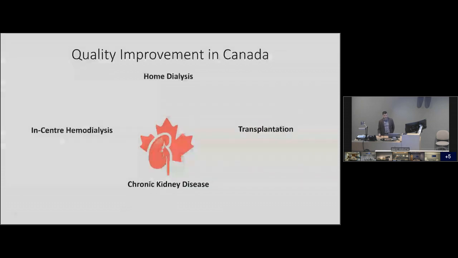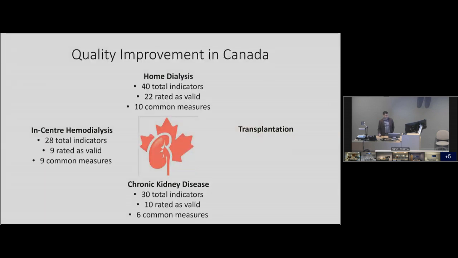So we looked at these indicators across the four different domains of nephrology. And we found a lot of measurement going on. So overall, we found close to 150 different quality indicators in Canada being used. We found a small proportion of them, most of the time less than 50%, being valid by those AHRQ and ACP measures, and that's actually pretty consistent with the U.S. internal medicine indicators when they go through the same process.